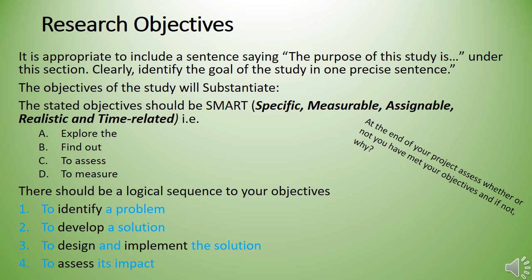And there should always be a logical sequence to your objectives, like to identify a problem, then to develop a solution, to design and implement the solution, and at the end to assess its impact. At the end of your project, you assess whether or not you have met your objectives, and if not, why.